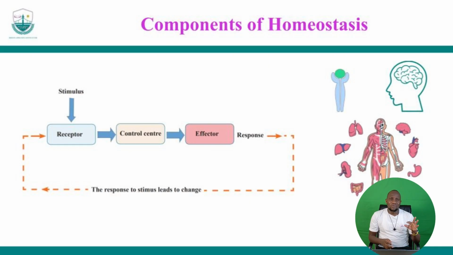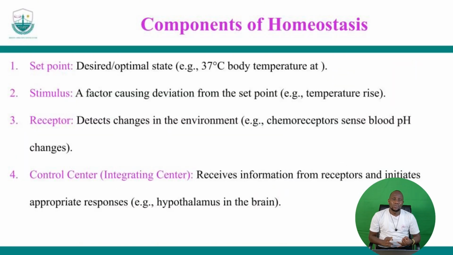And we have several types of receptors, and in this case, the receptors that we are talking about are the thermoreceptors. Okay, we have pain receptors, we have baroreceptors, we have chemoreceptors. All these are receptors. They detect that there is a change here, and then they send impulses to the brain.